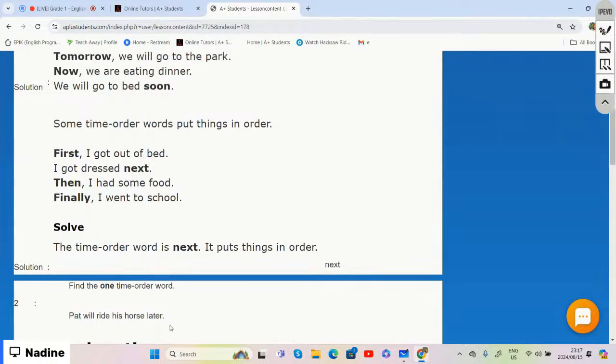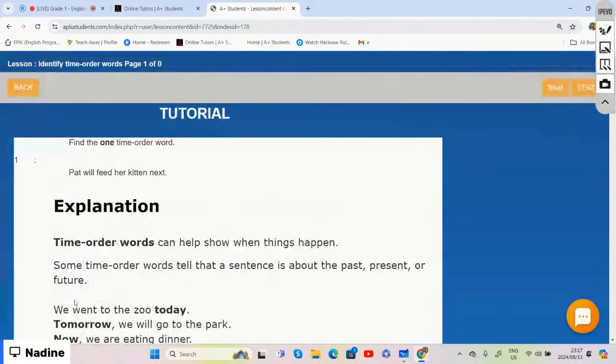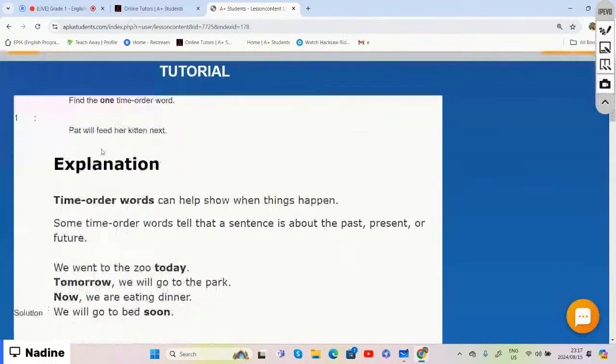All right. So now let's look at our activity before we go on to our test. It says find one time order word. Pat will feed her kitten next.